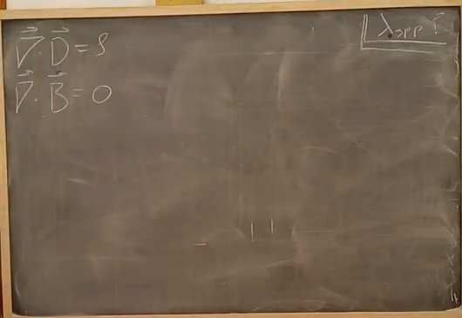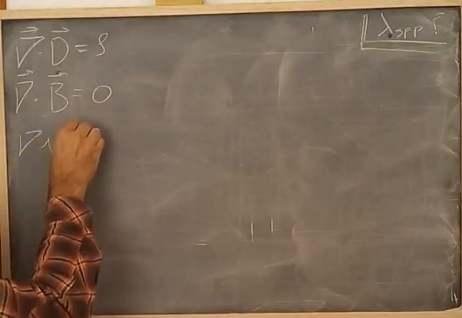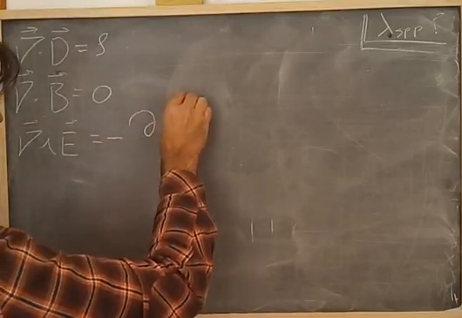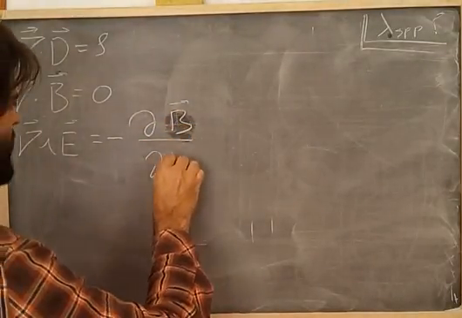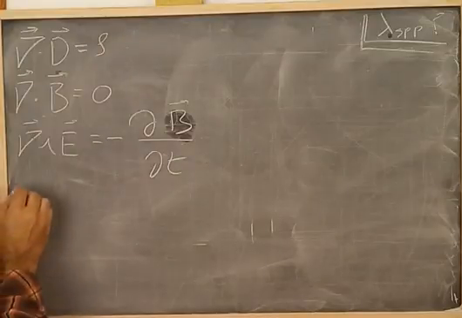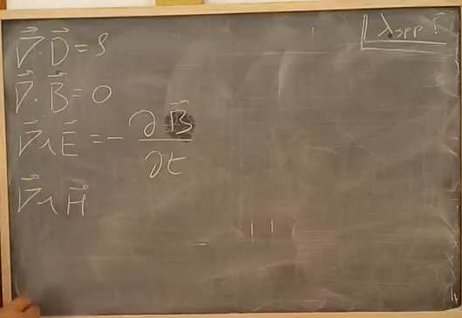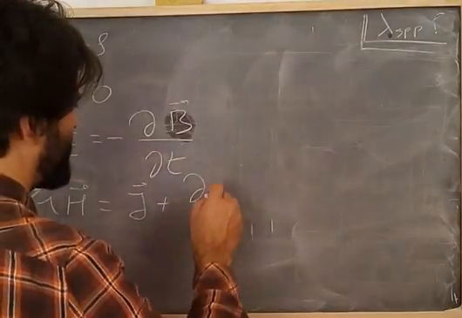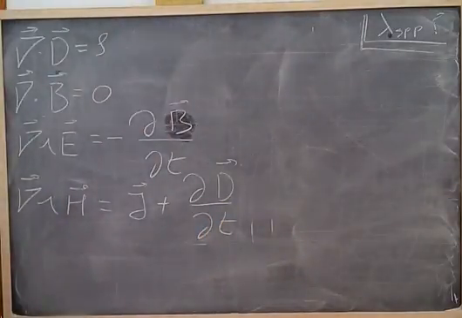There is no magnetic charge, and the curl of the electric field is equal to minus the change of the intensity of magnetic vector with respect to time. This is the Faraday law. The curl of the magnetic field is equal to the current J plus the partial derivative of the displacement electric vector with respect to time. This is the Ampere-Maxwell law.